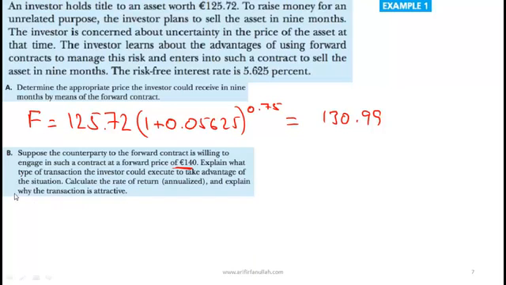Now what's the current spot price? The current spot price is equal to 125.75. So if you can get into a transaction where you buy this asset at 125.75 and some counterparty, for reasons that you don't understand and you don't need to understand, is willing to buy this from you for 140, and after how much time?